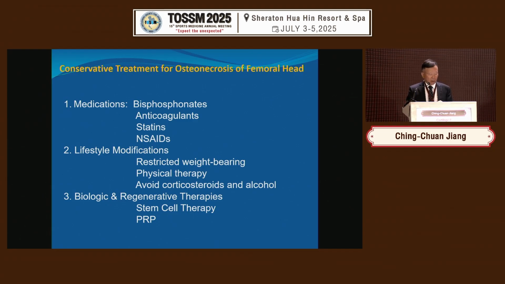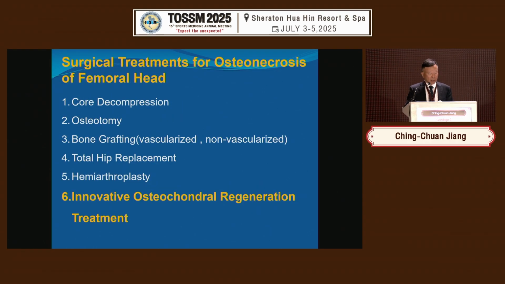There are some biologic and regenerative therapies, but there is no definite evidence to support them. The surgical treatment includes core decompression. According to my personal experience, core decompression gives a satisfactory result in only 60% of patients. The other 40% turn out to need total hip replacement.